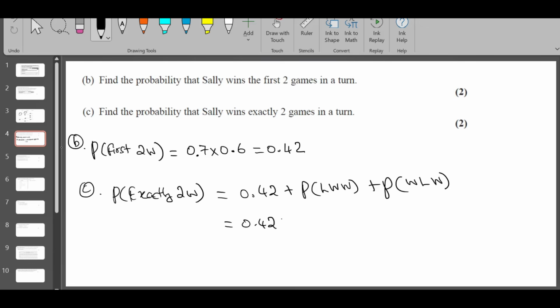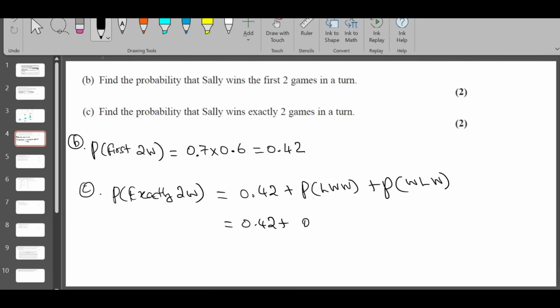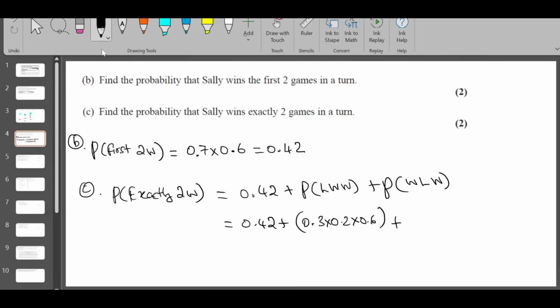So 0.42 plus loss, win, win. We take loss, win, win and multiply: 0.3, 0.2, 0.6, plus win, loss, win: 0.7, 0.4, 0.2.